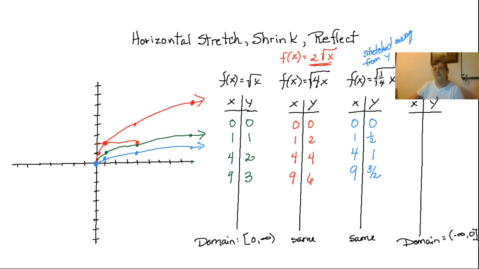Or if you considered this to be f of x equals 1/2 times the square root of x, then it would be shrunk toward the x-axis.